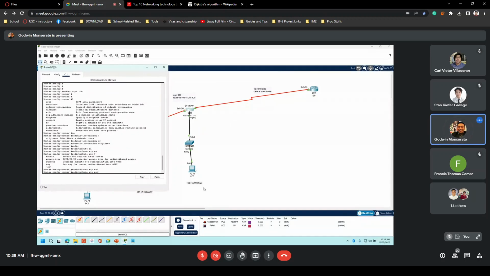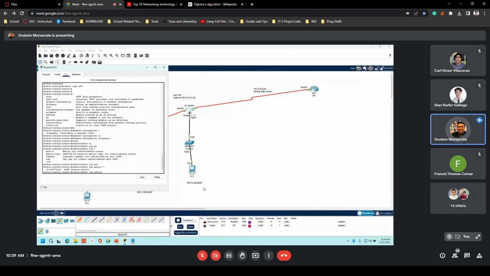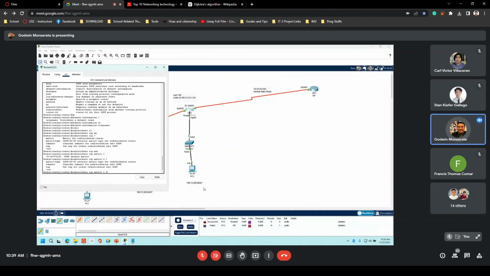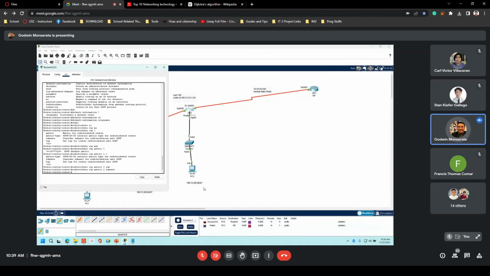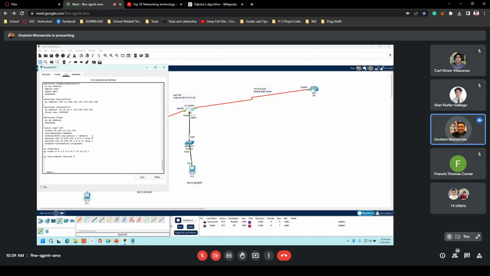What is the value for the metric? OSPF default is just 1. Then subnets. That is what you will do. So RIP is now redistributed into OSPF. You will see that you have redistributed your RIP within OSPF. Clear?